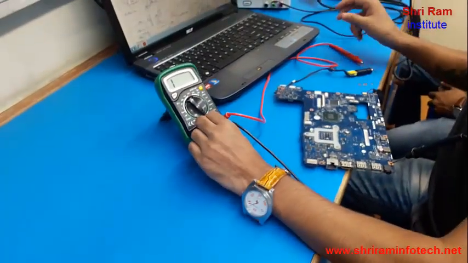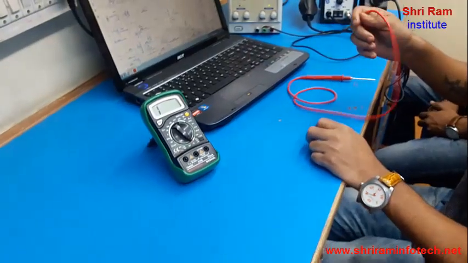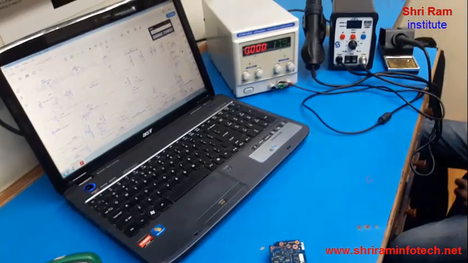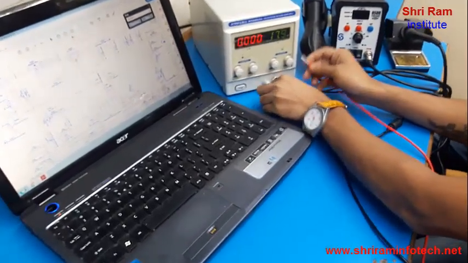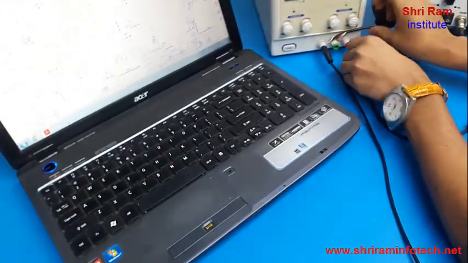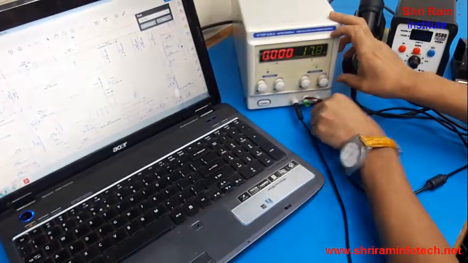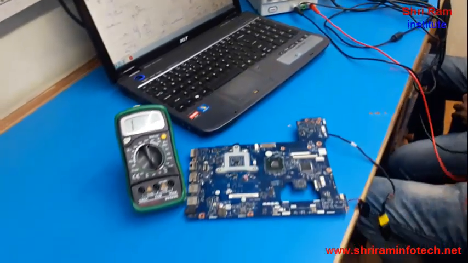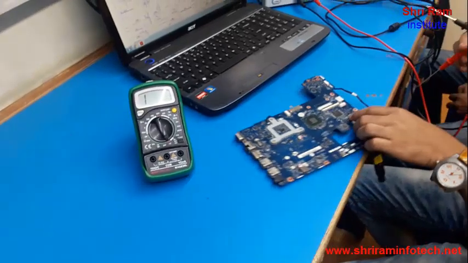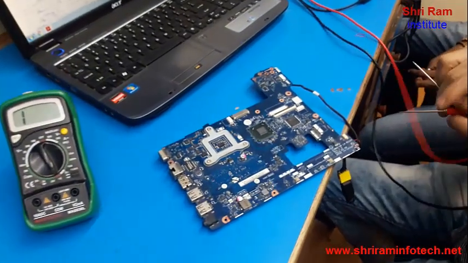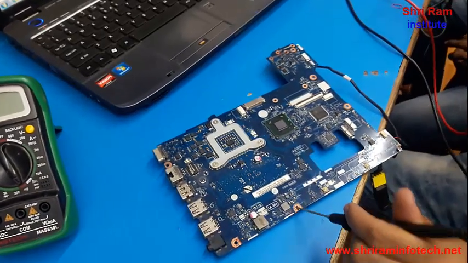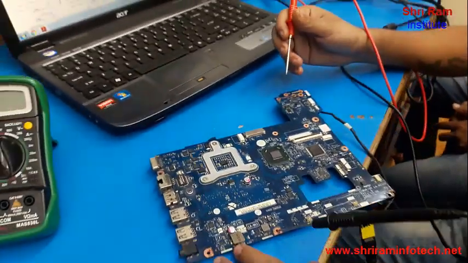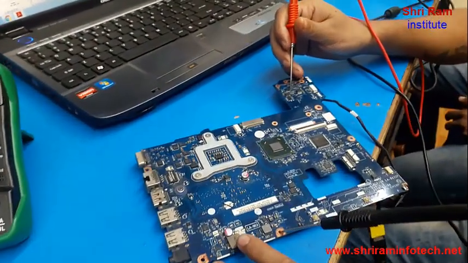Now I'll connect two probes to the DC power, black for negative, red for positive. Black I'll connect to the ground, and this positive probe I am going to connect at that current sensing resistor.